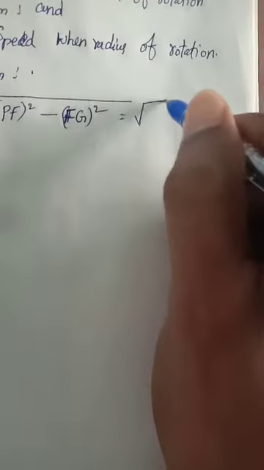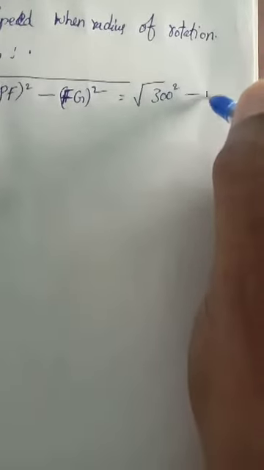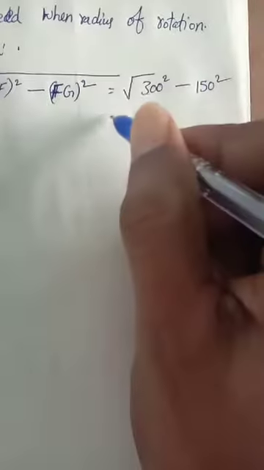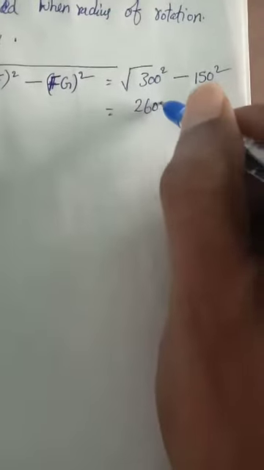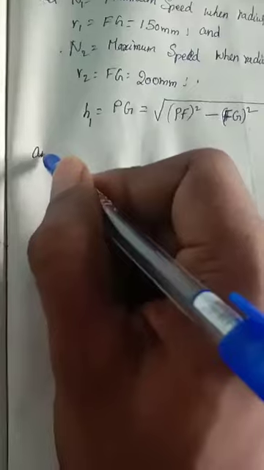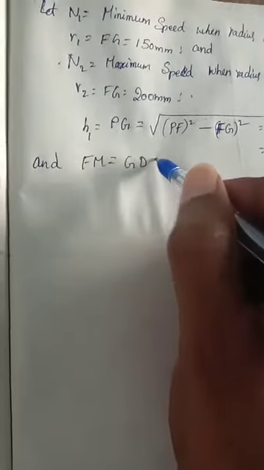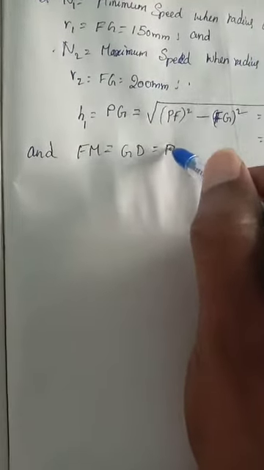Now substitute the values in here. Root of 300 square minus 150 square, that is equal to 260, that is called 0.26 meters. Okay, so then this is the H value, and FM is equal to GD, that is equal to PG.